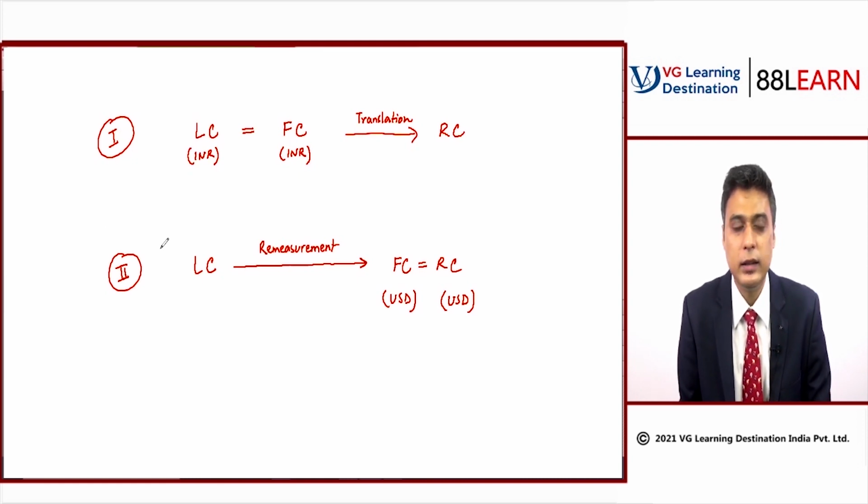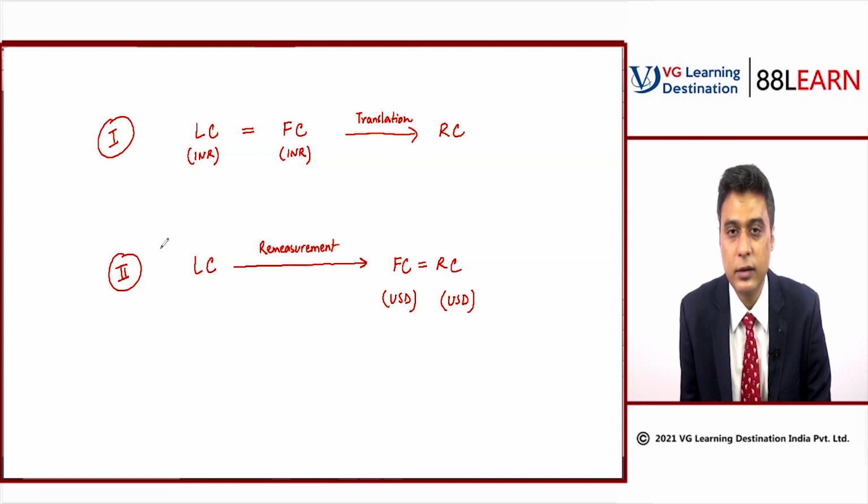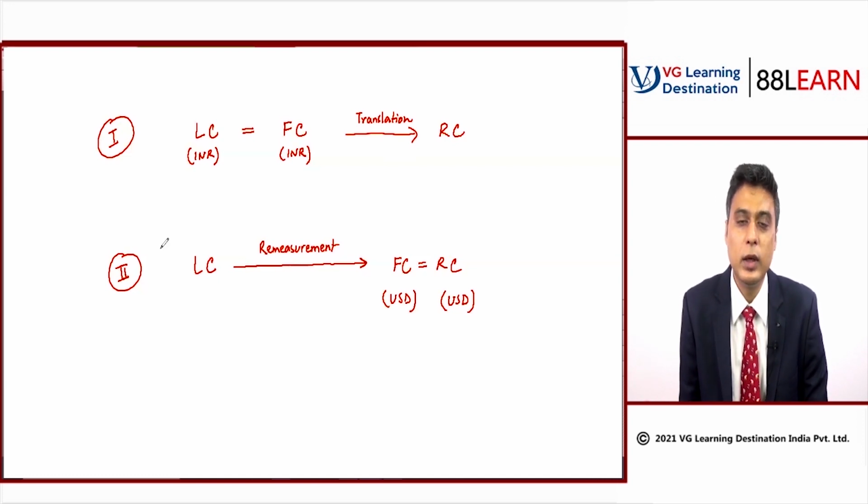So I think in the year 2000, Ecuador scrapped its own currency, which was Sucres or something, and they adopted US dollar as their currency, which is also called dollarization of the economy. So they have dollarized their economy by adopting US dollar as their functional currency.